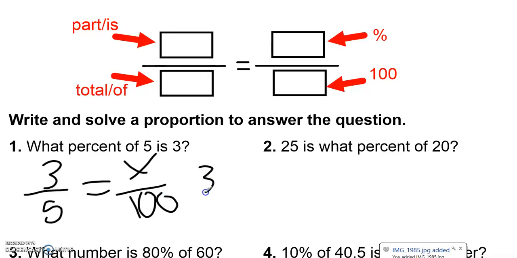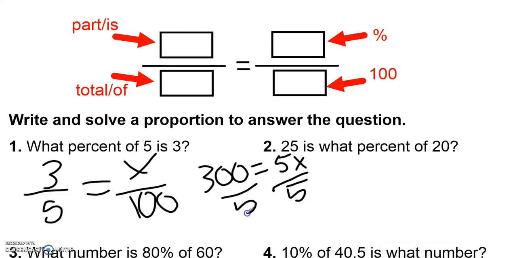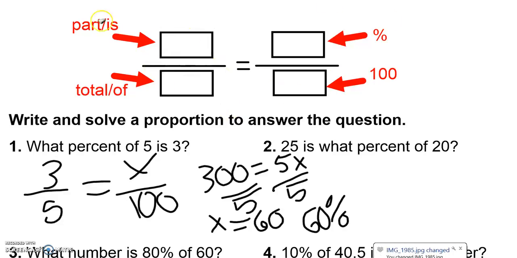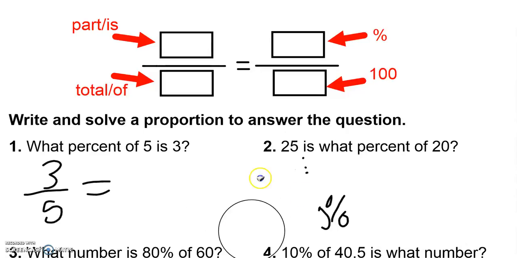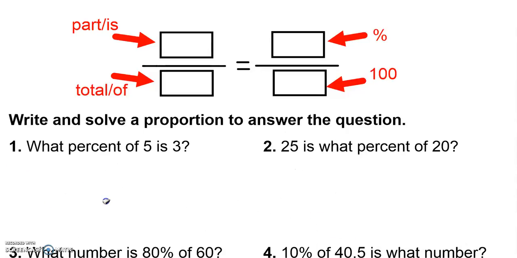So that's going to be 300 equals 5x, divided by 5, x then equals 60. But they wanted the percent, so this is going to be 60% then. Get it? I think it's pretty understandable. As long as you know this, it's going to help you so much. So please write this somewhere, get this memorized or whatever, because that's going to be your best friend now. Makes life easier, I know that.